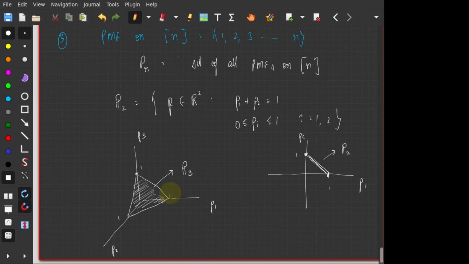This is a half space. Okay, let me be more precise. Is it a polyhedron? Is it a polytope? Is it an affine set? Is it a polyhedron?